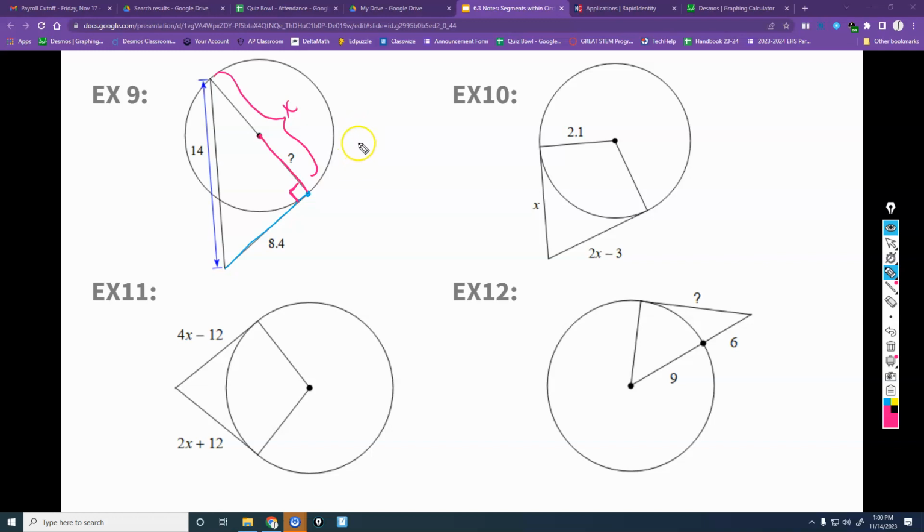14. So we would say x squared plus 8.4 squared equals 14 squared. So x squared plus 8.4 squared is 70.56 equals 196. We would subtract that 70.56.